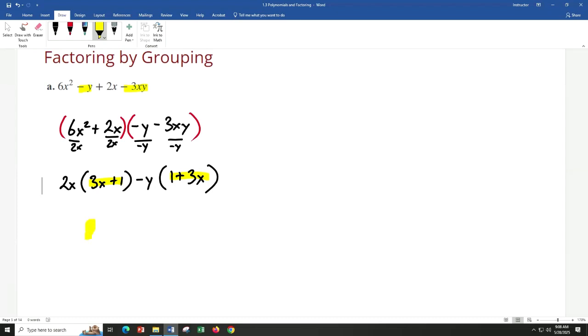I can come back in here and go, okay, well, I have 2x minus y, and then I have 3x plus 1, and that guy is now done. Could I check it? How? The foiling process. Remember the foiling process you just learned or just remembered? Same way. You can always go back and check.